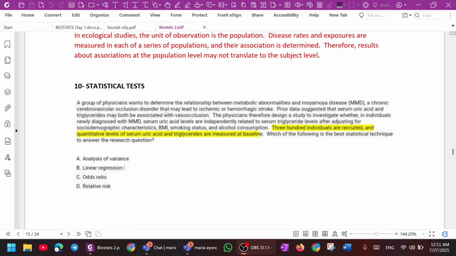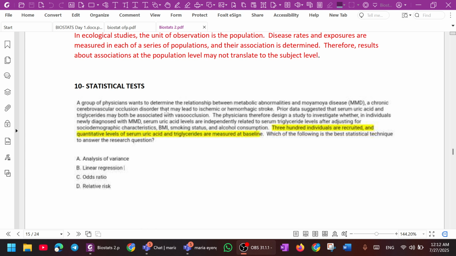The physicians therefore designed a study to investigate whether, in individuals newly diagnosed with moya disease, serum uric acid levels are independently related to serum triglyceride levels after adjusting for socio-demographic characteristics, BMI, smoking status, and alcohol consumption. 300 individuals are recruited, and quantitative levels of serum uric acid and triglyceride are measured at baseline.